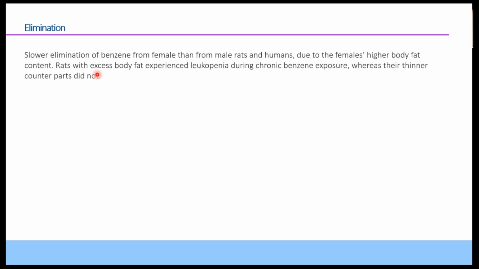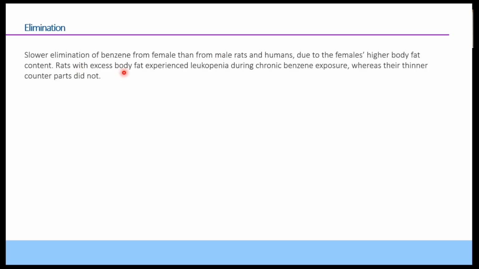Now coming on to the elimination again. Another example is benzene: slower elimination of benzene from female than from male rats and humans, because the females have higher body fat.